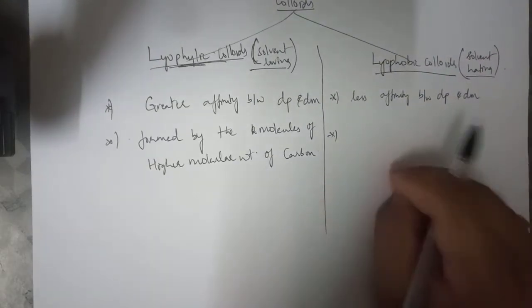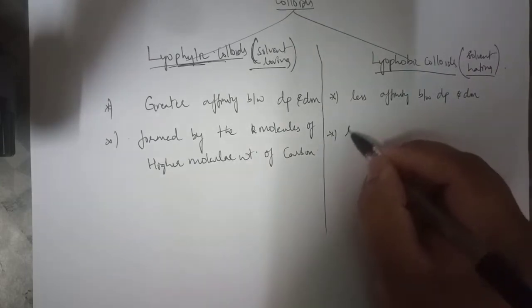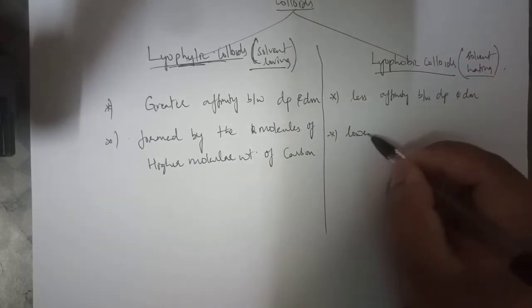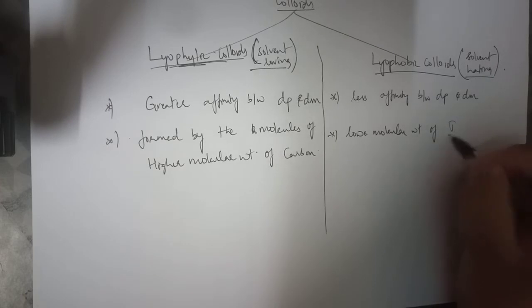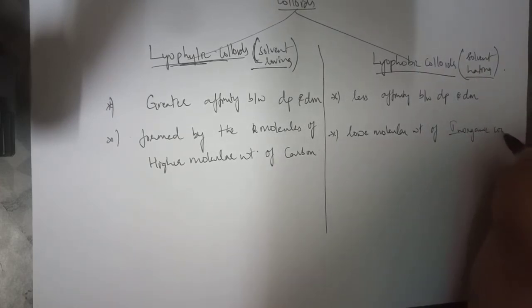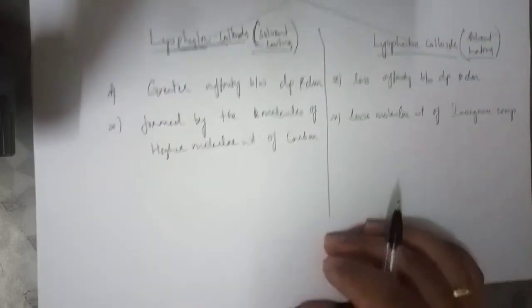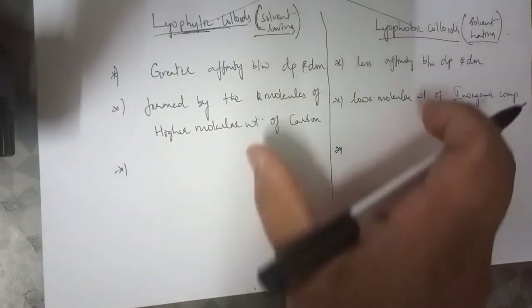And this one, inorganic, they have very low molecular weights of inorganic compounds. These are generally formed by inorganic compounds of those molecules whose molecular weight is smaller or lesser. So that's the second main difference.